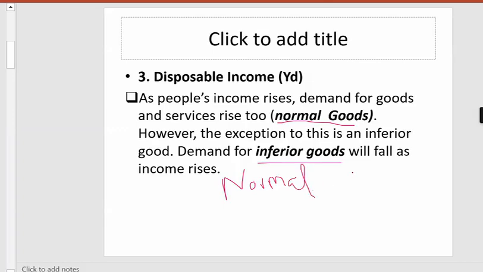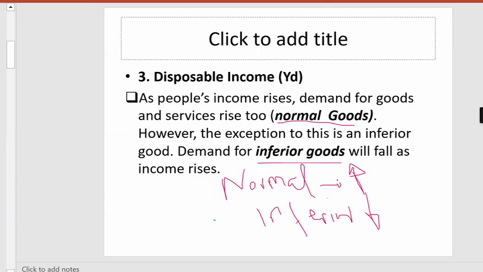For normal goods, it means as income increases, demand increases. So, for inferior goods, tulisema income ikifanyaje? Ikipungua. If income decreases, people will prefer to buy these goods. And the opposite is true. I gave you an example. To me, fish is a normal good.